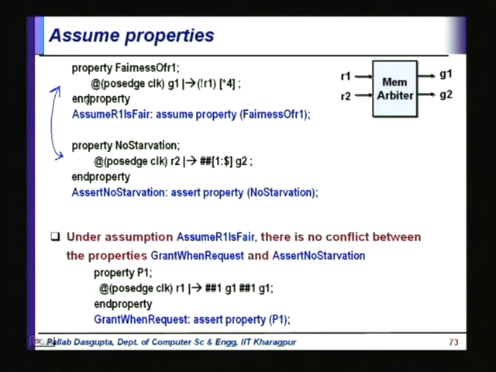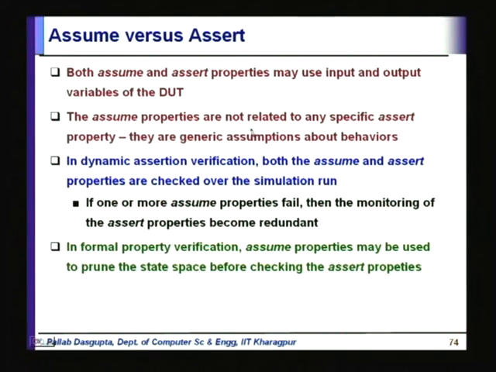This assumption is a generic assumption, it says that the input output behavior is always going to satisfy this, we are given that this property holds, right. And that it is given is regardless of what we want to check on the arbiter. So, there is no relation between the assume property and the assert property.